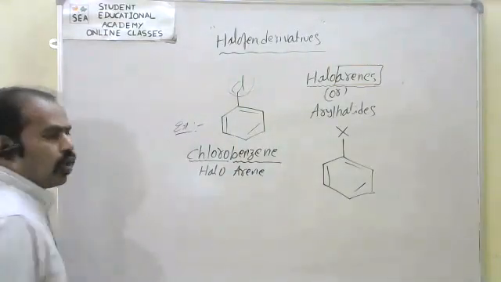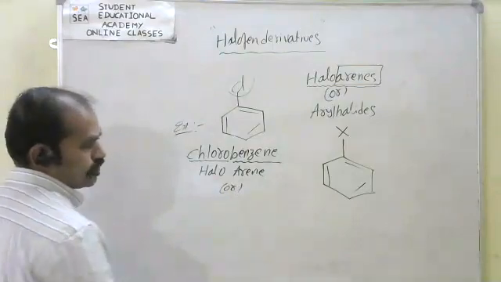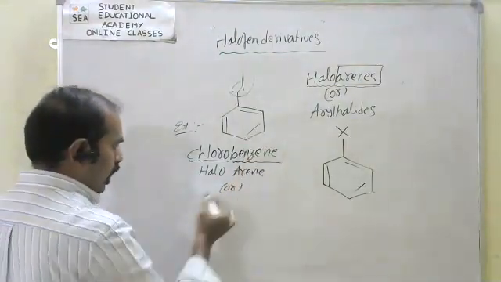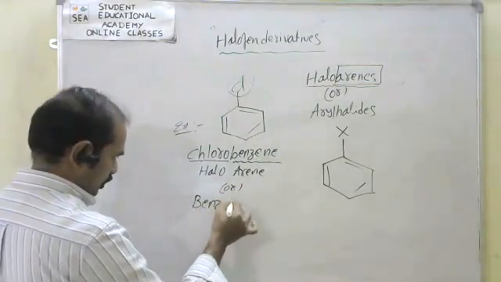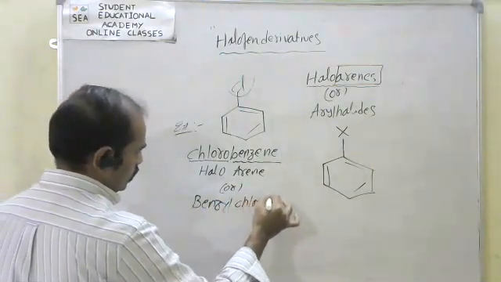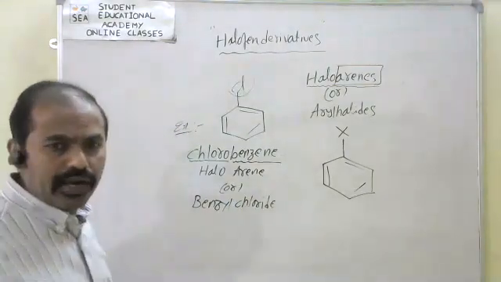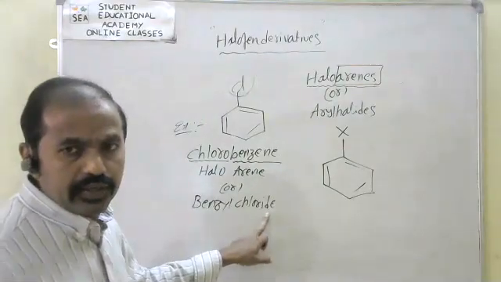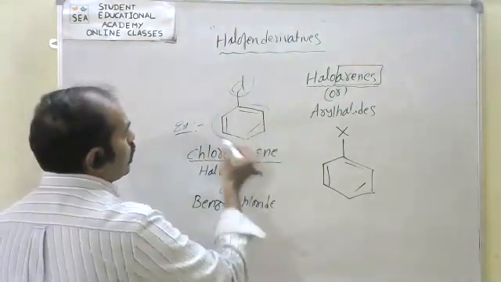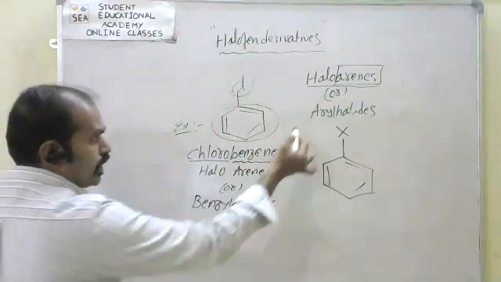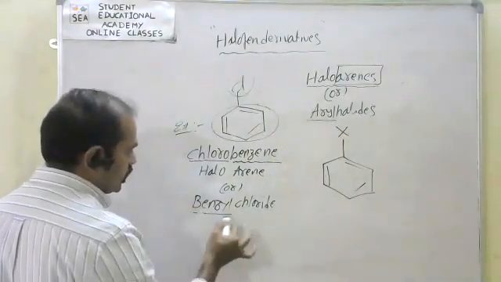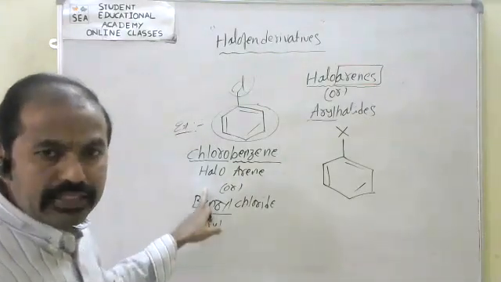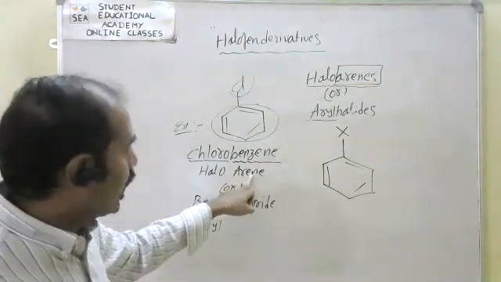Okay, these are also called benzyl chloride. See this. If you take methyl chloride, ethyl chloride, like that, benzyl chloride. Aryl, see this. The older name of benzene is arene.